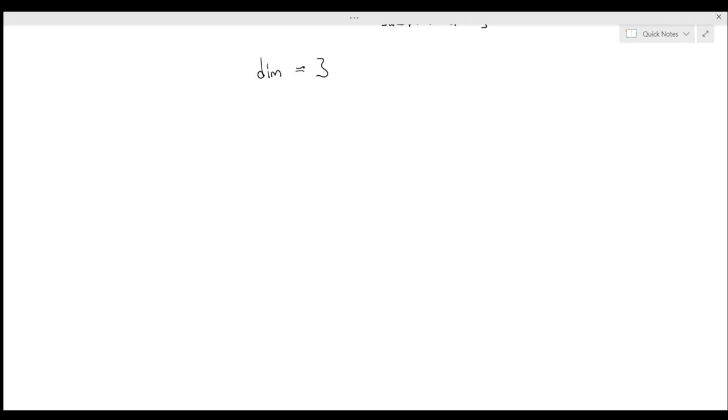That pretty much will give you a basis for that space. And then once you have the basis, you can also figure out the dimension by looking at the number of vectors in that basis. Now let me do just a couple more examples before I talk about some other stuff.